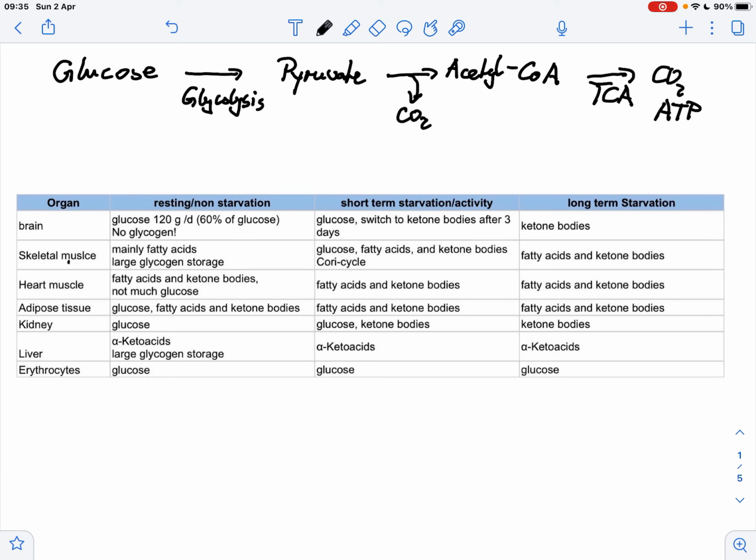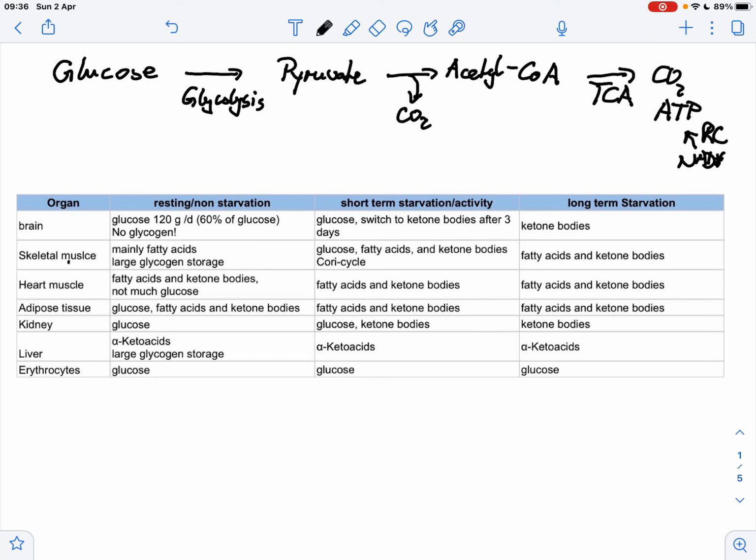And this ATP is produced mainly through the NADH that comes from the oxidation of the acetyl-CoA through the respiratory chain that we have got here.